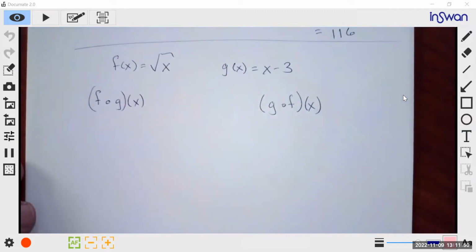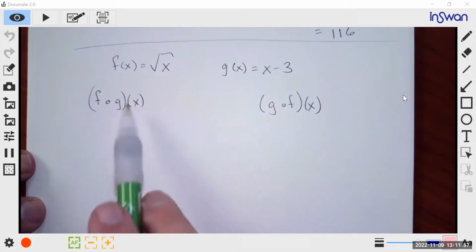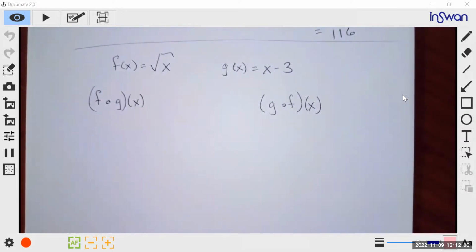How would you do f of g and g of f here? No, just x's, just combine them both.